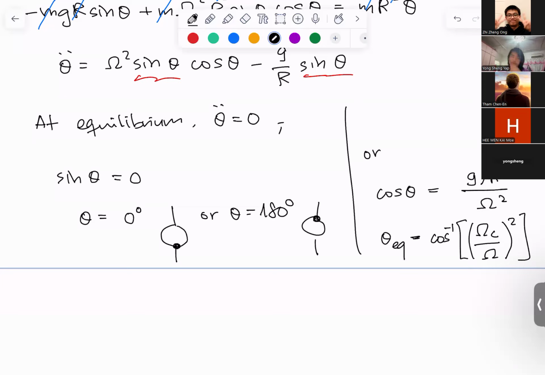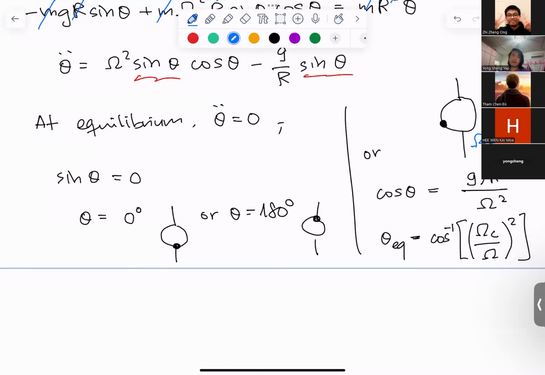There are some interesting things over here. First of all, this equilibrium means that the bead is over here, at some cosine. But this is only possible if omega c is smaller than omega. All right.